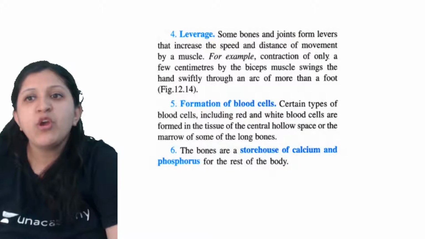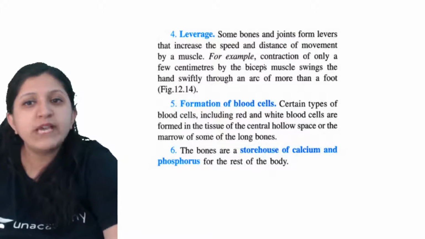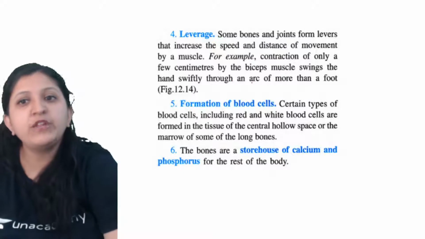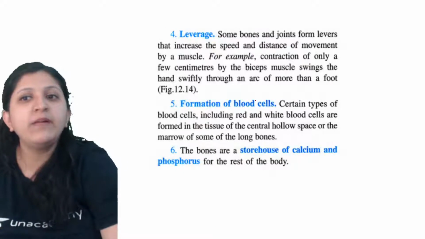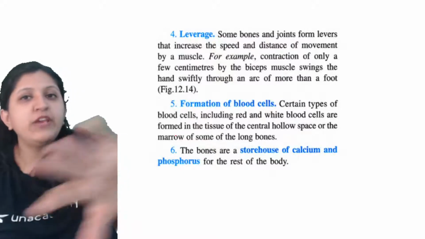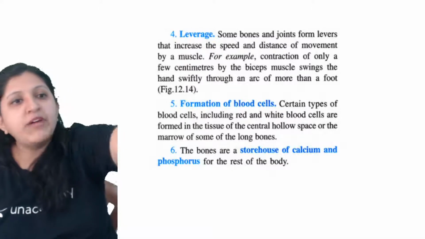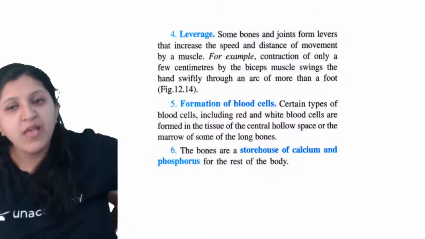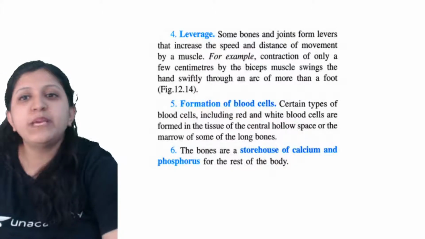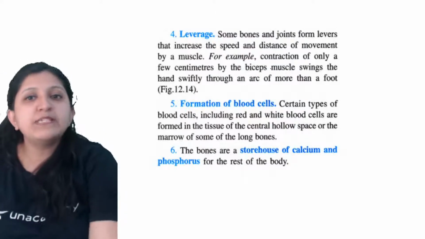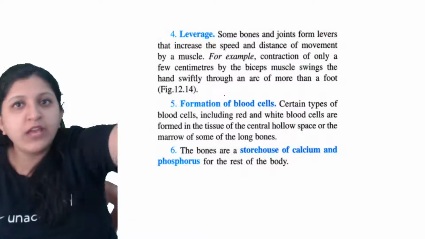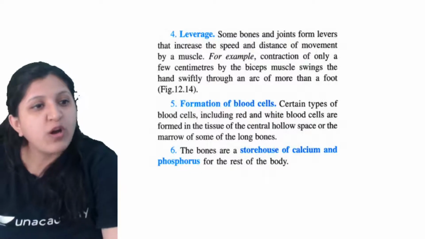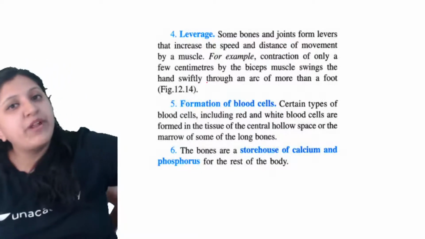For example, contraction of only a few centimeters by the bicep muscle swings the hand swiftly through an arc of more than a foot. Because of this stretching, we can move our hand a bit further.